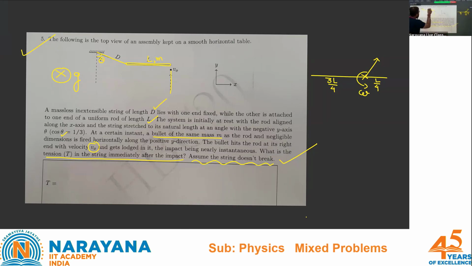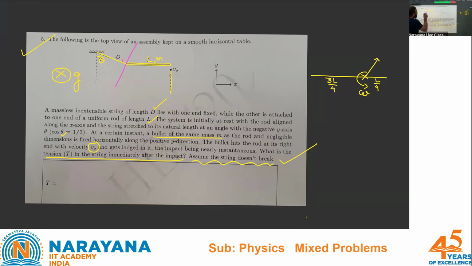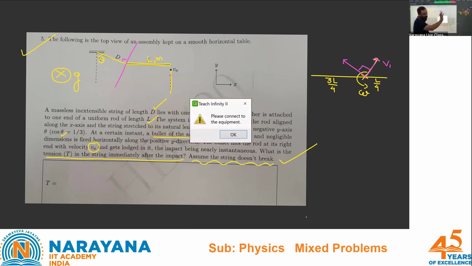If I take one direction perpendicular to the length here, call that velocity v1. And there is some velocity in this direction; I'm not interested in writing this right now. We'll eliminate that term, don't worry.